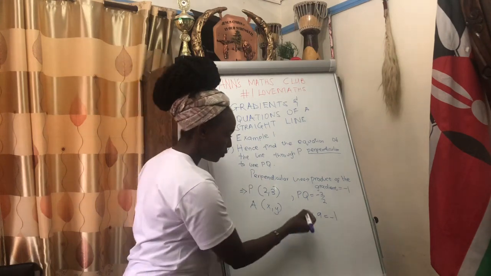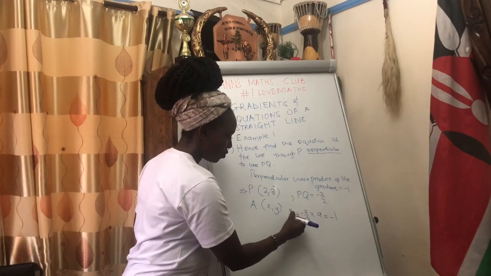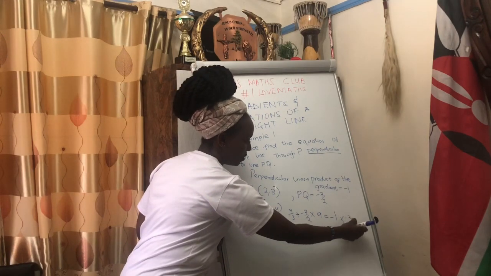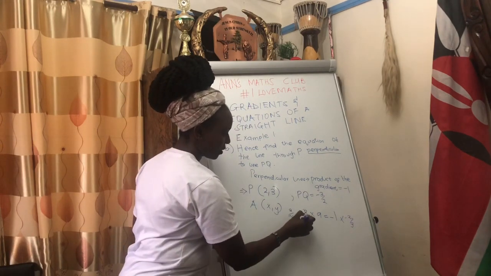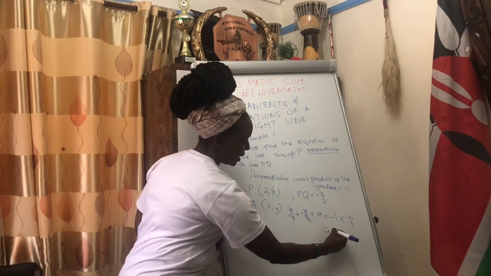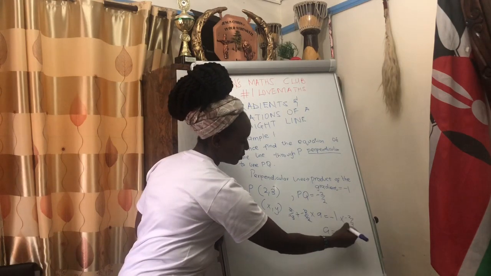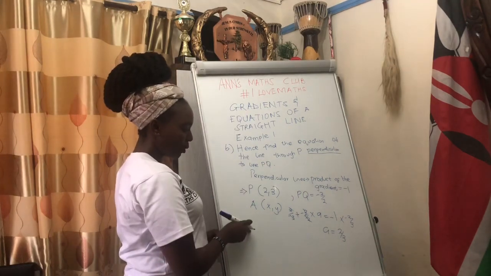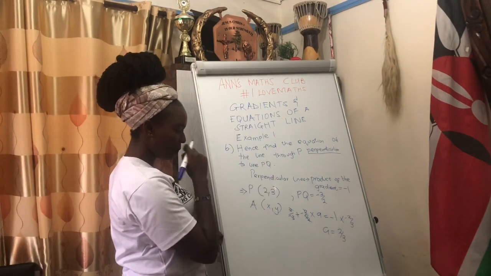So you multiply both sides by 2 over negative 3, and you remain with A is equal to positive 2 over 3. So you're sure for this other line, the gradient is 2 over 3.